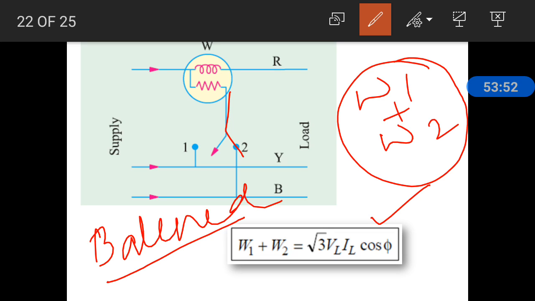Suppose it is a star connected, balanced system. Then we can connect the wattmeter to any one phase, and that reading multiplied by 3 gives the 3-phase power, but only under star connected and balanced connection. We use one phase and neutral connection and multiply that power by 3. But we actually use the W1 plus W2 method for accurate reading. So this is the 1 wattmeter method.